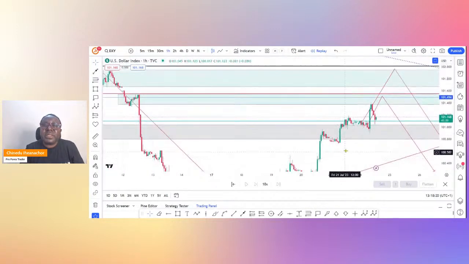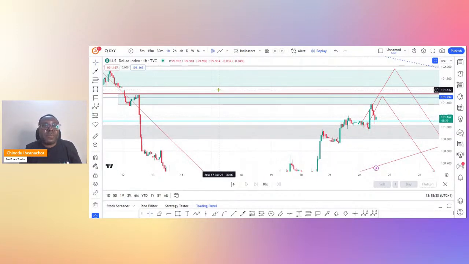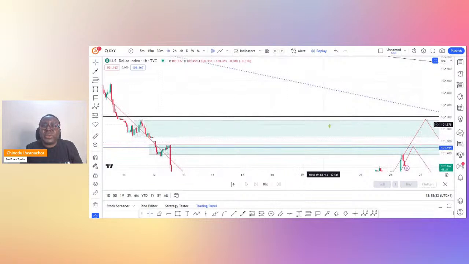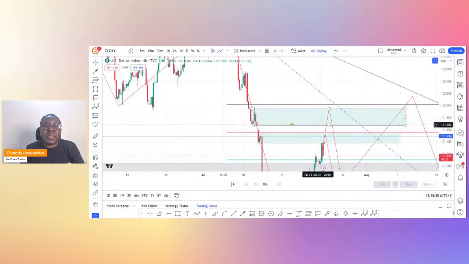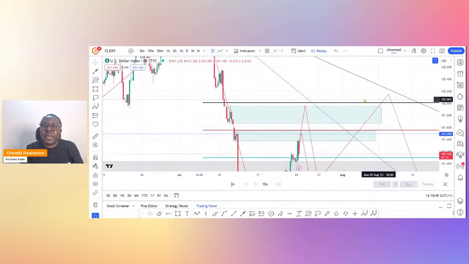Price may push back into this zone and correct, or move into this 4 hour order block here and then push all the way down.